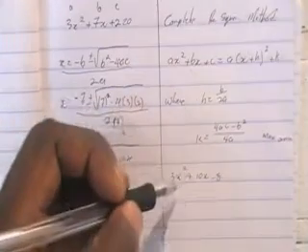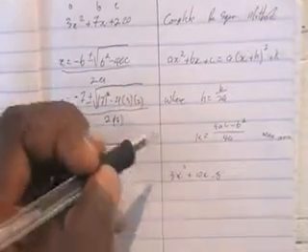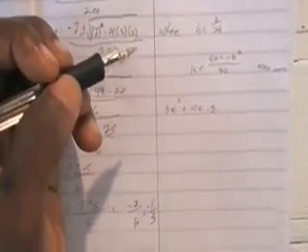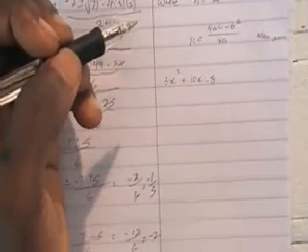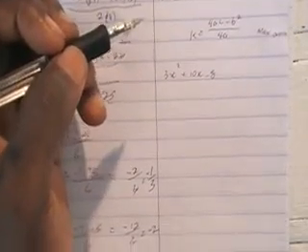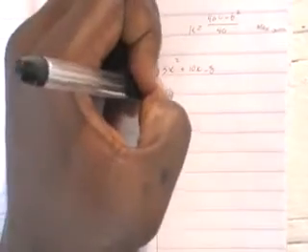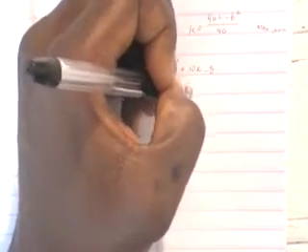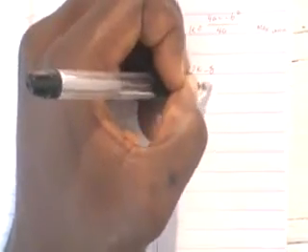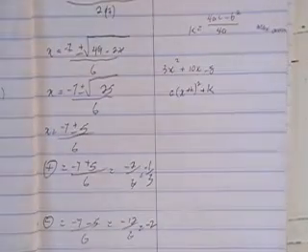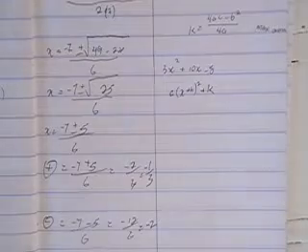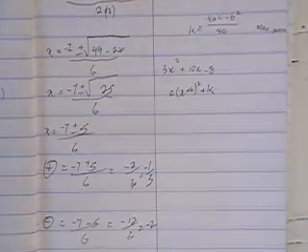So let's try putting 3x squared plus 10x minus 8 into the form a bracket x plus h all squared plus k. Put it into that form and see how it will work.